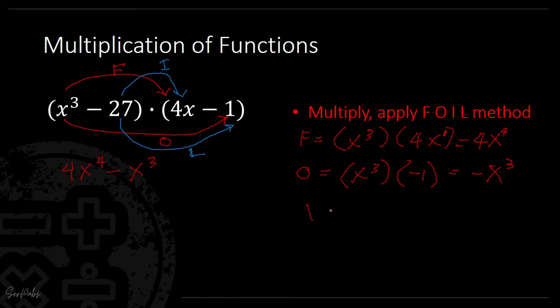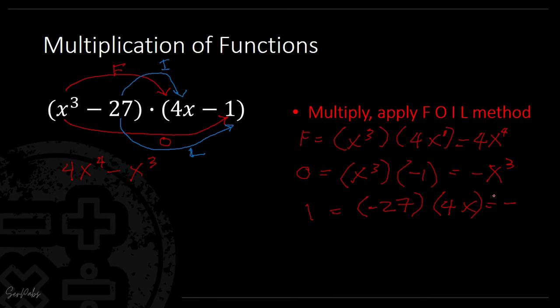And then I, inner. So we have negative 27 times 4x. So multiply ang numerical coefficient, yung number na kasama, pero bago yon multiply muna yung sign. Negative times positive, we have negative.